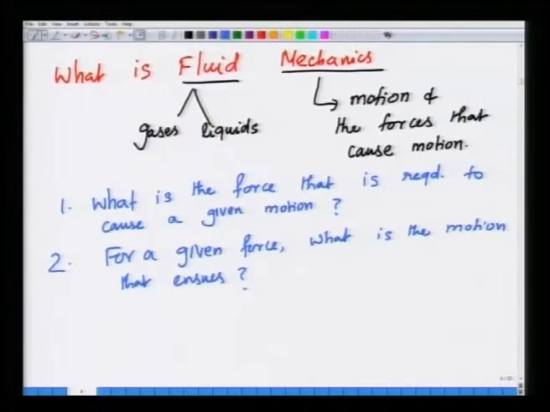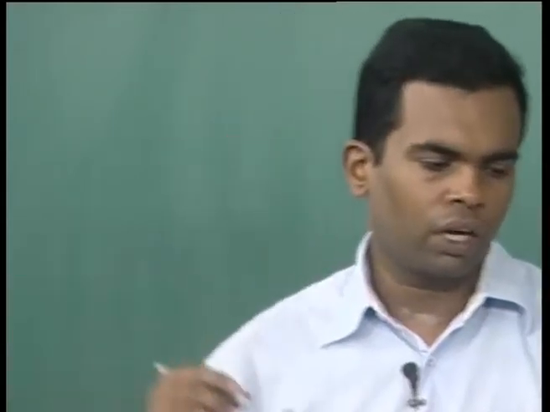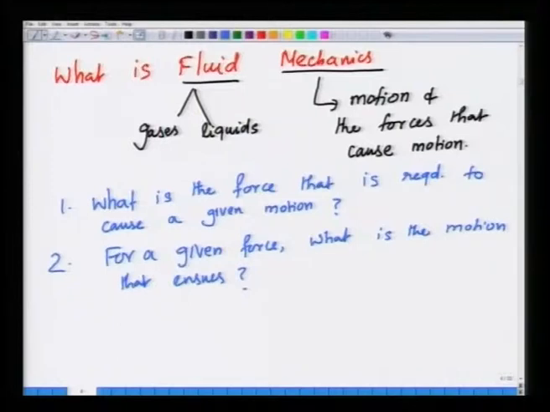In one case we want a particular motion, a particular flow of the fluid, and we are interested in finding out what is the force that causes that motion. In the other case we may have the force that is driving the flow ready with us, in which case we need to predict the motion that follows. Okay. So, these are the 2 types of questions that one asks in fluid mechanics.